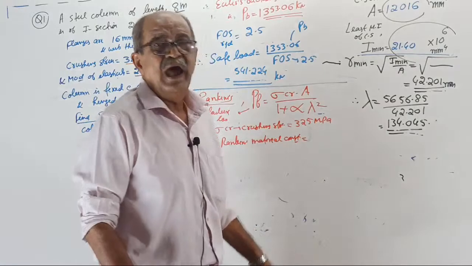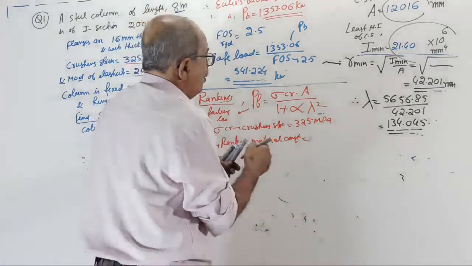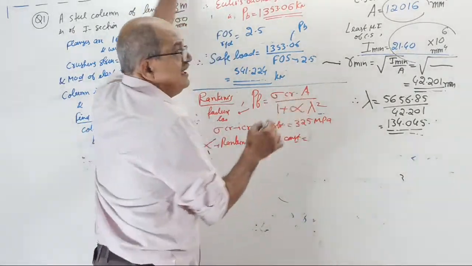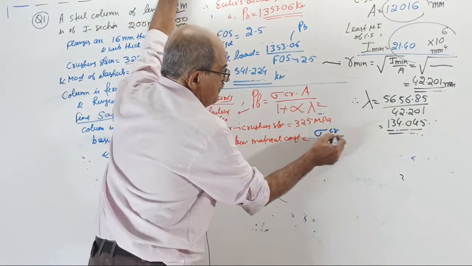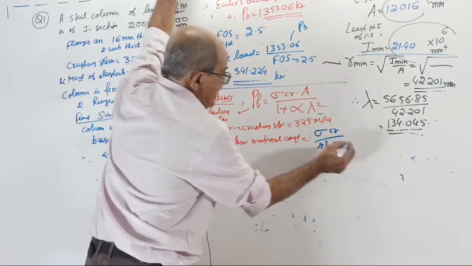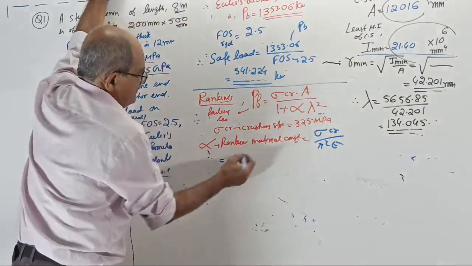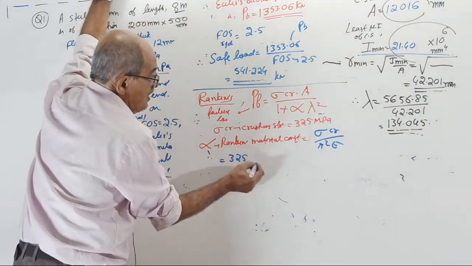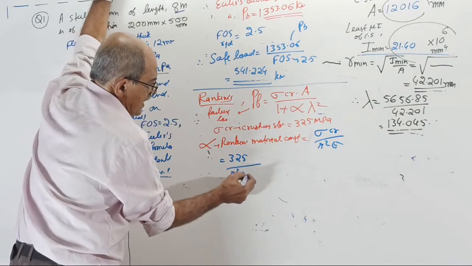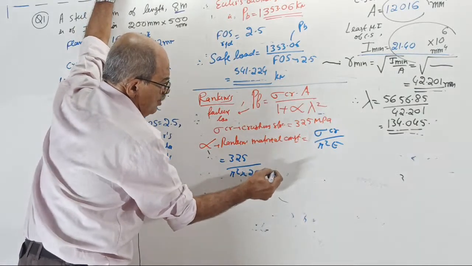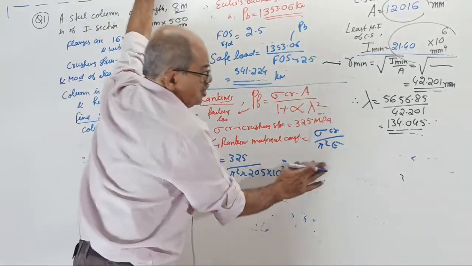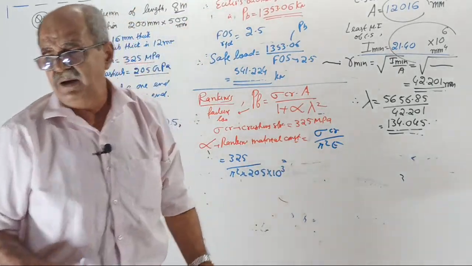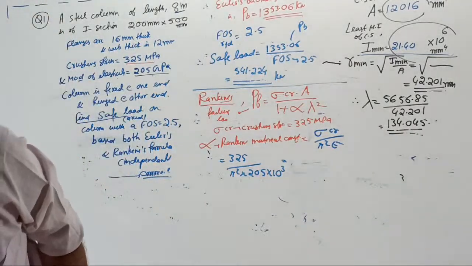See, I will be very harsh on them. The formula is, remember, alpha equal to sigma CR by pi square E, where sigma CR is 325, so alpha equals 325 divided by pi square divided by 205 into 10 to the power 3. Usually decimals will come. How much is it?